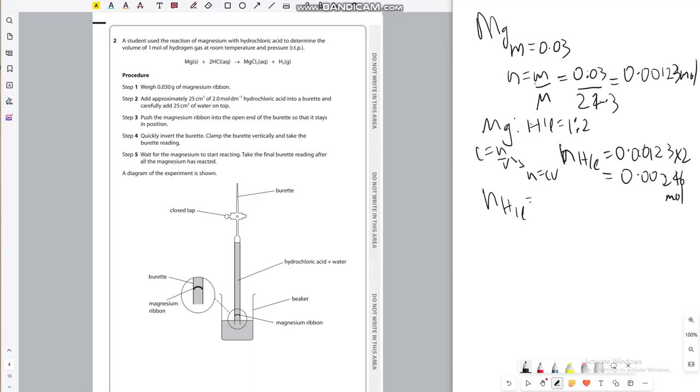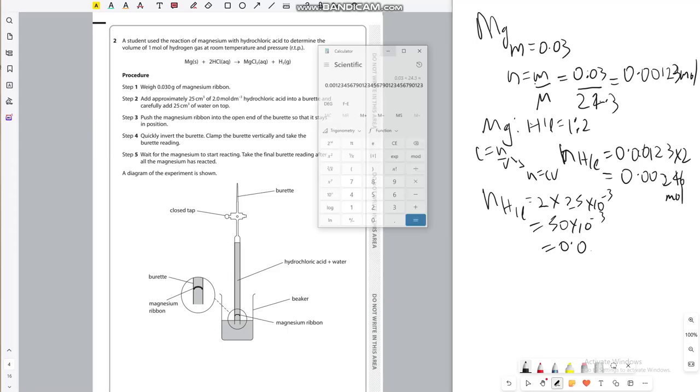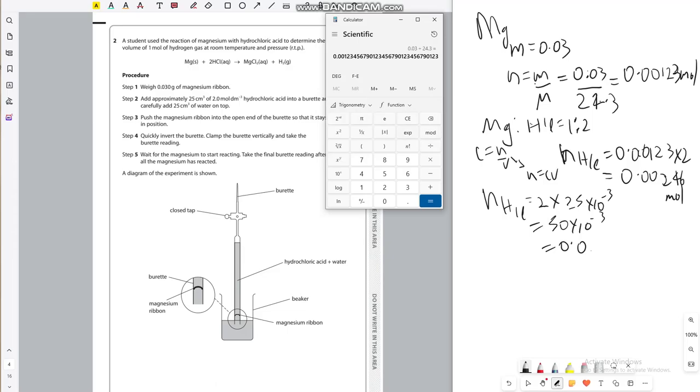So n is equal to concentration 2 times volume 25 divided by 1000, which is 2 into 25 divided by 1000, which is 0.05.